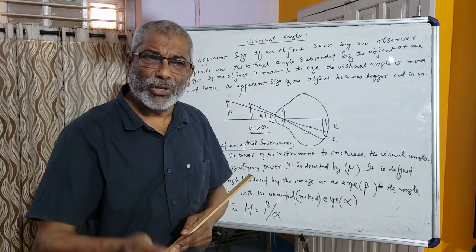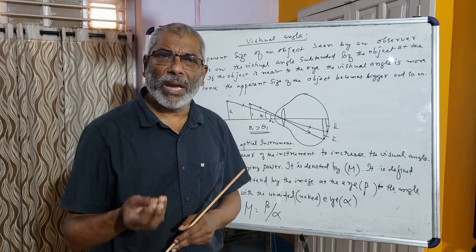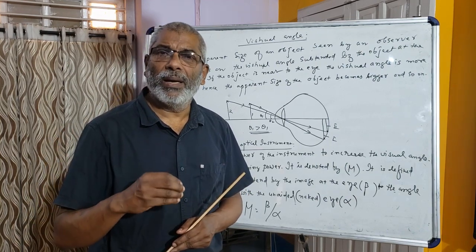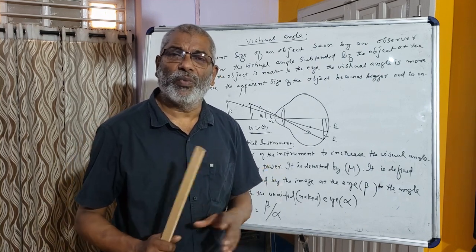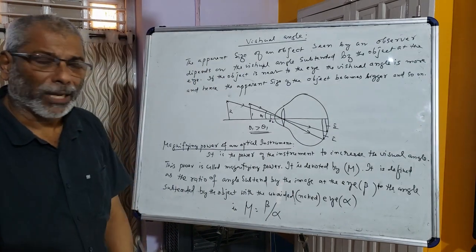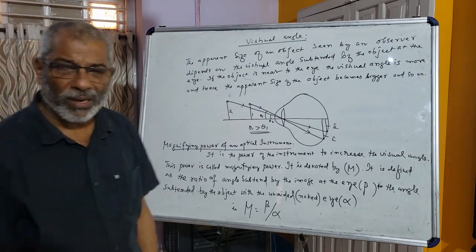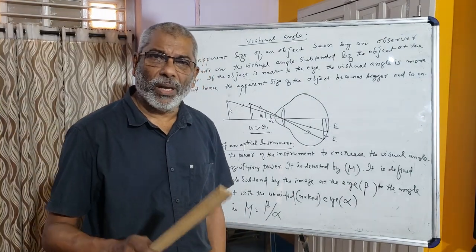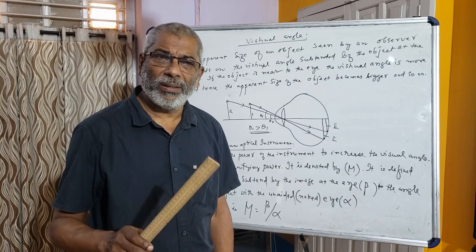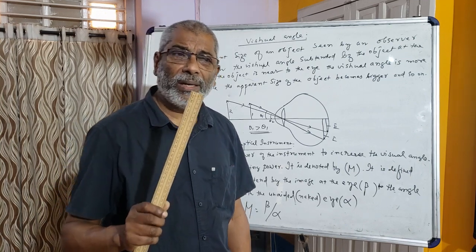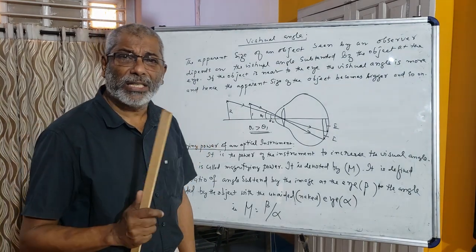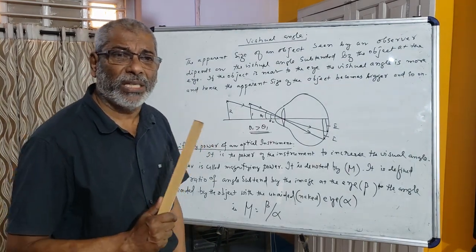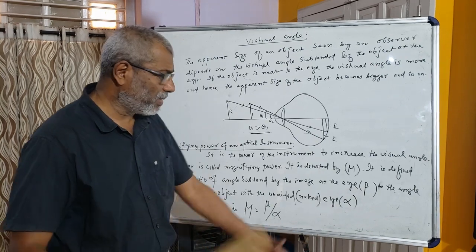By increasing the visual angle, the size of the image obtained by the instrument increases, and the observer can see the object very, very clearly. So remember once again, microscopes and telescopes are increasing the visual angle. Hence the apparent size of the image of the object seen increases.